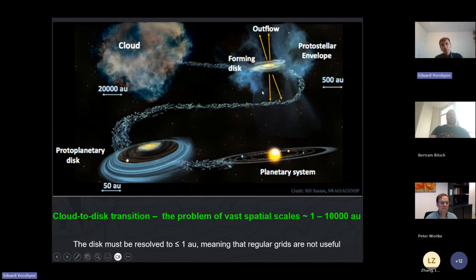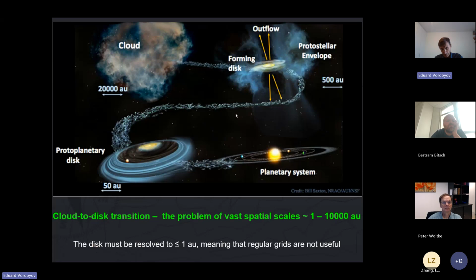And there are codes that can do that in Japan, and also here in Europe. Usually for these purposes they use spherical coordinates. But with spherical coordinates, there is a significant problem with the coordinate singularity in the center and along the axis.